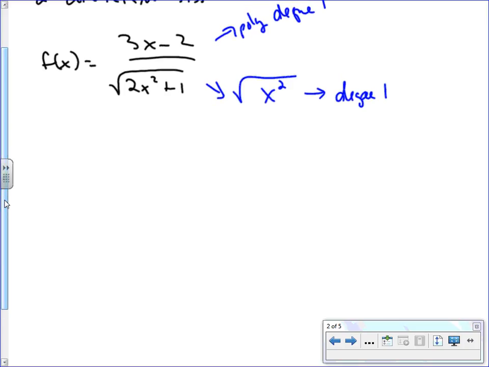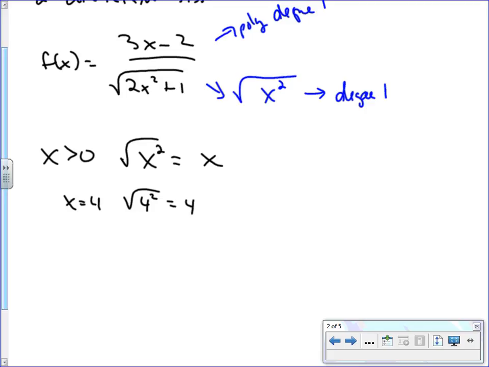So the first thing I need to point out is that if you are looking at a positive x value, and I ask you what's the square root of x squared, then the answer is x. So for example, if x is 4, the square root of 4 squared is 4, okay?